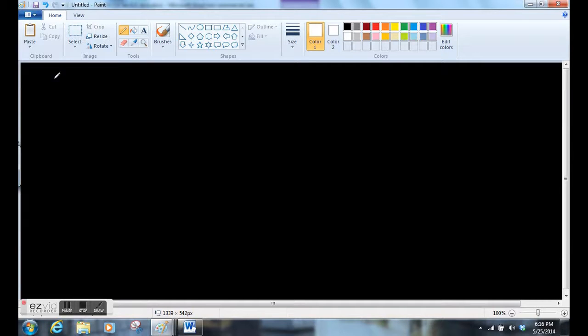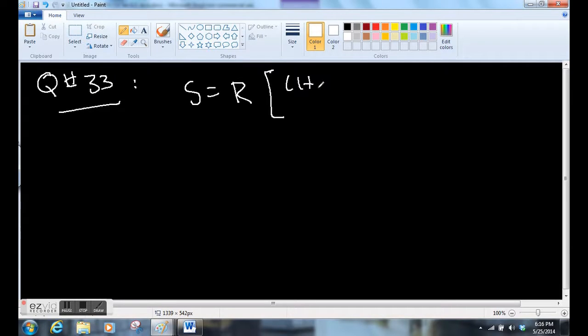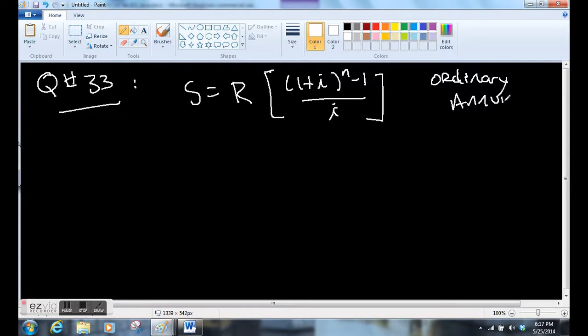We're lucky that way. Question number, what's this one? 33? Can't read my writing. 33. So here's the formula. We have S is equal to R, remember that he's paying at the end of the month, 1 plus I, raised to the N minus 1, all divided by I. This is the ordinary annuity formula, because he is paying at the end.